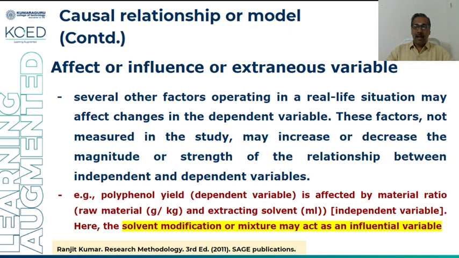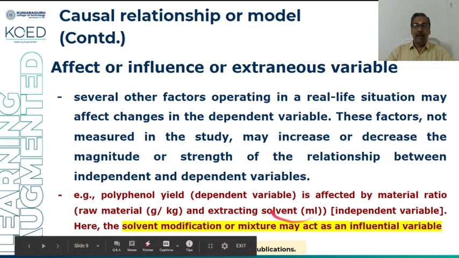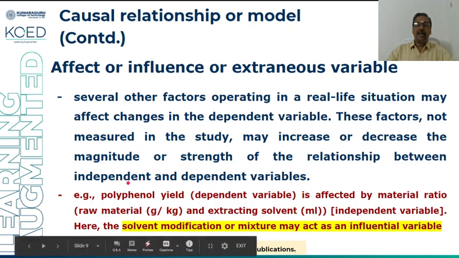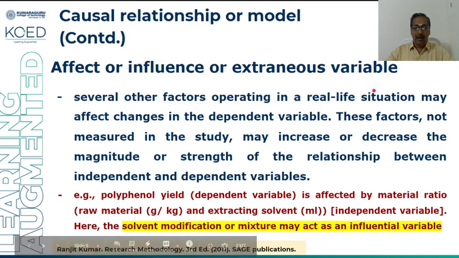Now here, I have not incorporated water. I have incorporated only ethanol, but water is another universal solvent. By addition of water to ethanol, you would have improved the yield. Now this modification can be mentioned as an influencing variable.